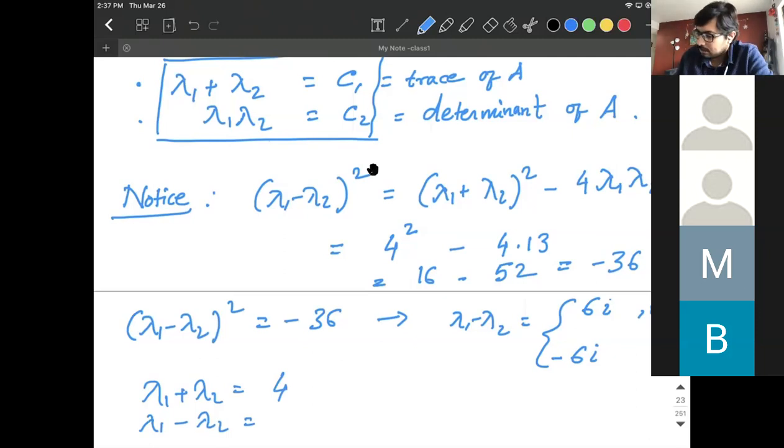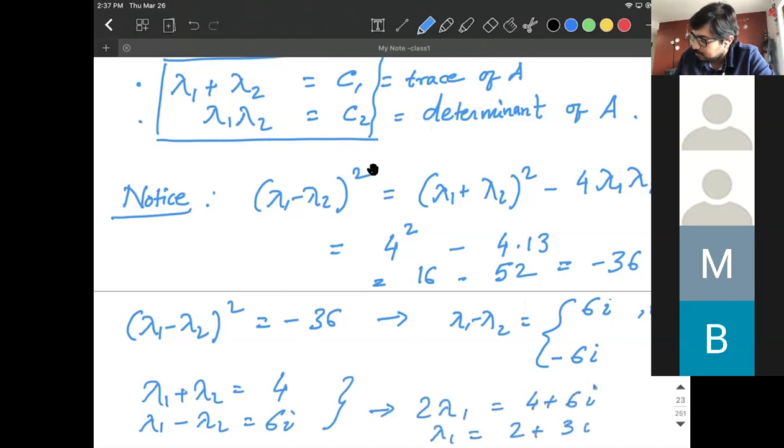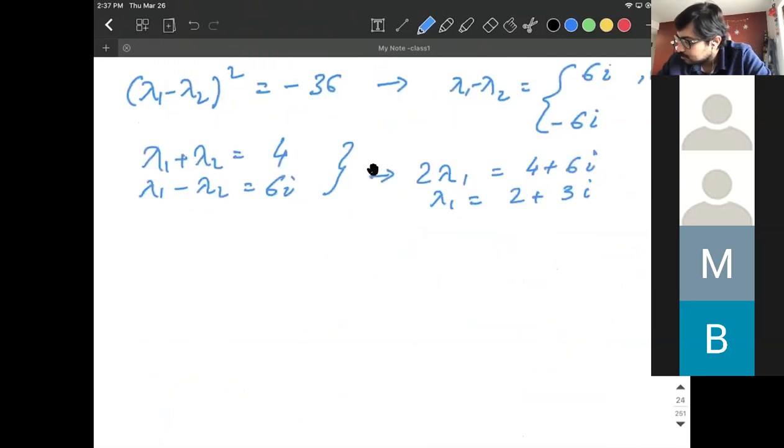So if you take 6i and if you solve, you can add the two equations. So you get 2 lambda 1 is 4 plus 6i. So then lambda 1 is 2 plus 3i. Hence, lambda 2 is 2 minus 3i.